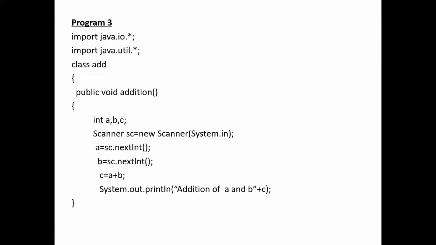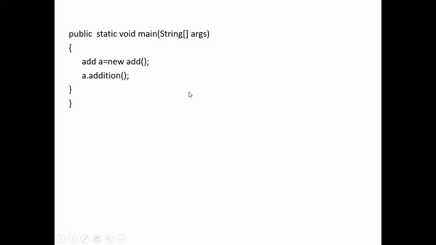What is the name of the normal method here? Addition. To access this normal method in the main method you have to create an object. How to create an object? Class name, object name equal to, and for allocating the memory we use the new keyword, add.